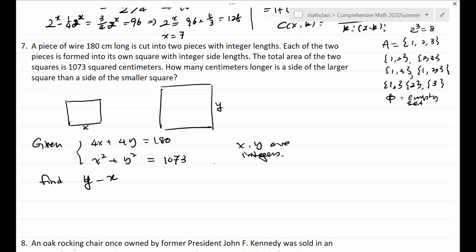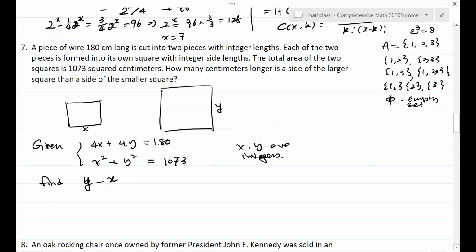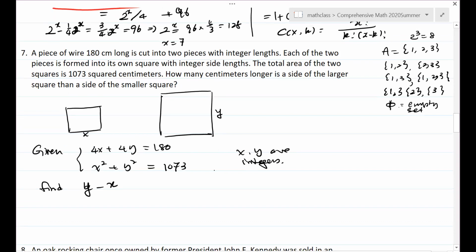All right, y minus x. We have to find y minus x. Now from here, how do you quickly get to y minus x? Well, you can do the following.